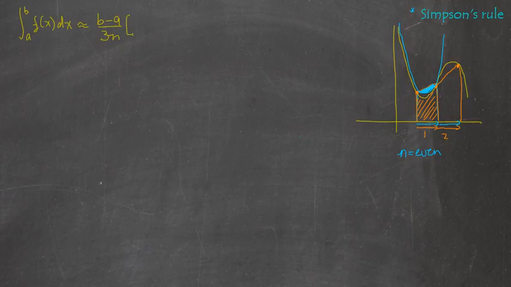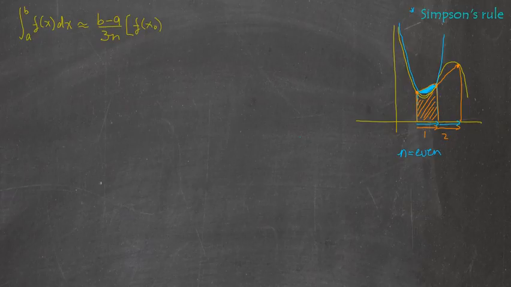And then each of our top values, so the curve that we'll be using for the estimation, is found by plugging in f of x0.